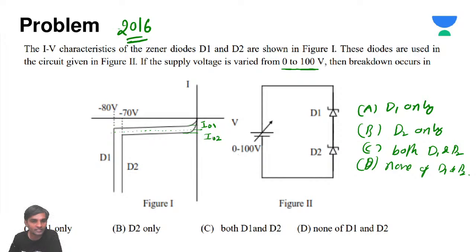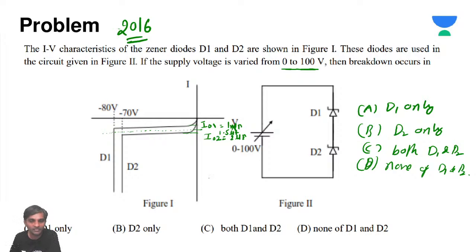Let's say I01 is 1 microamp, and I02 is going to be 2 microamps. When you are slowly increasing this voltage from 0 to 100 volts, by this time, let's say you are at 1.5 microamps.